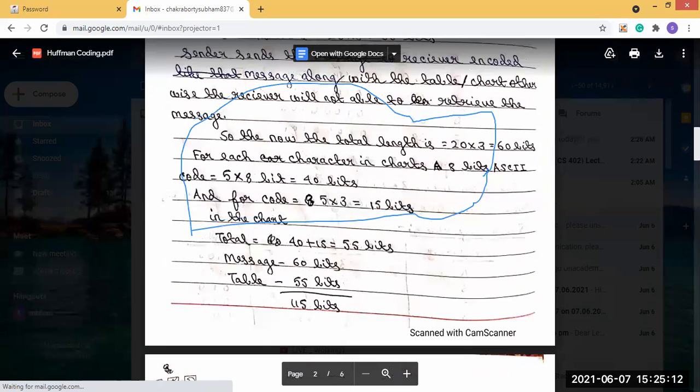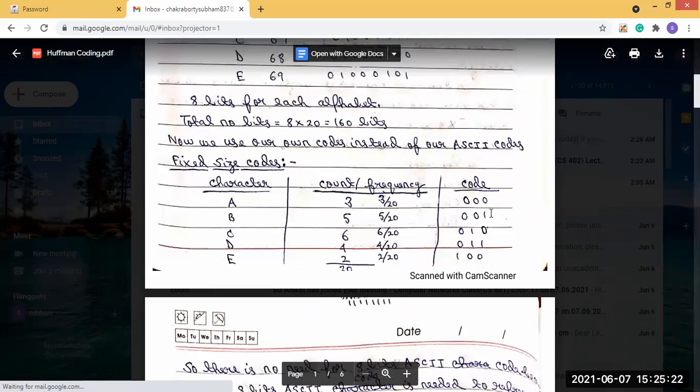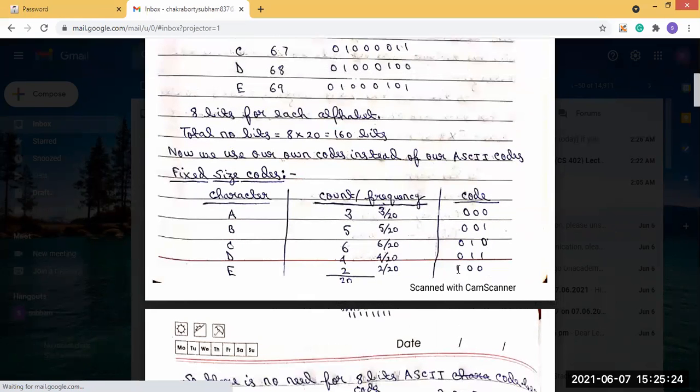Now, when we send that table, there is also something to consider. If we directly send it like that, A is 000, B is 001, the receiver will not understand anything and will not be able to decompress the message.